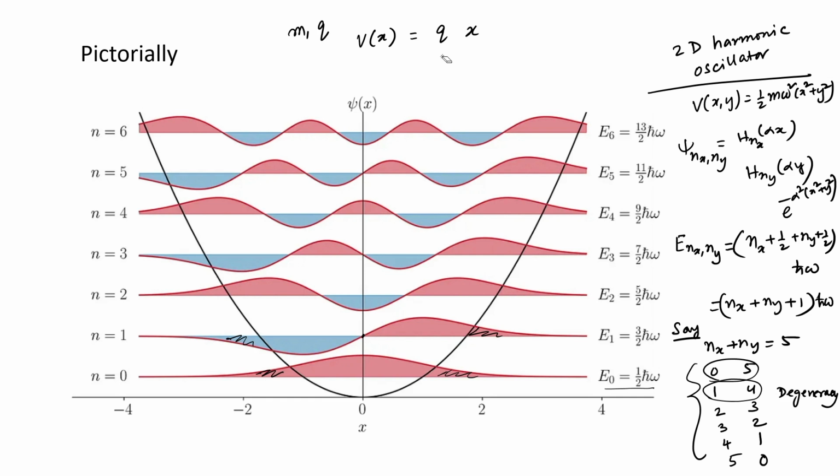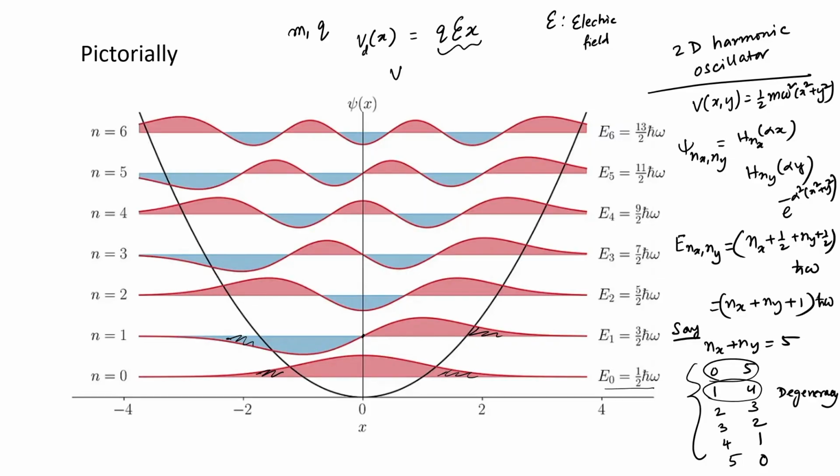Let me change this symbol, because E is also energy. So, E is the electric field, and there is another potential energy that will come in, which is like P dot E, where P is the dipole moment. So, the oscillator will develop a dipole moment, and because of the dipole moment it will have a potential. So, the total potential energy, let us call it a dipole potential, is V equal to half m omega square x square plus qEx.